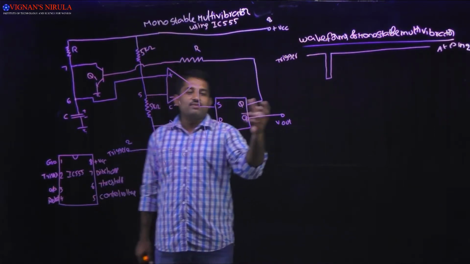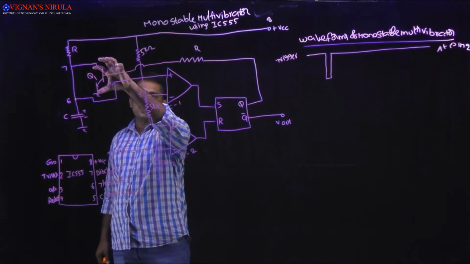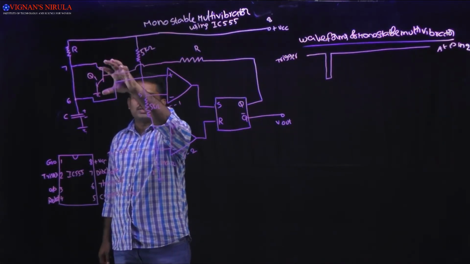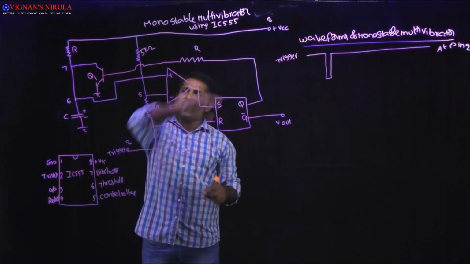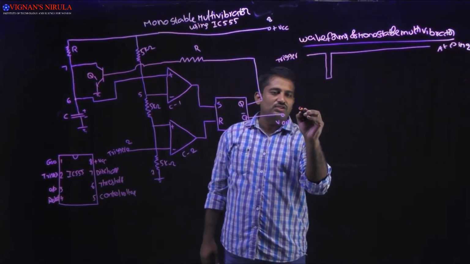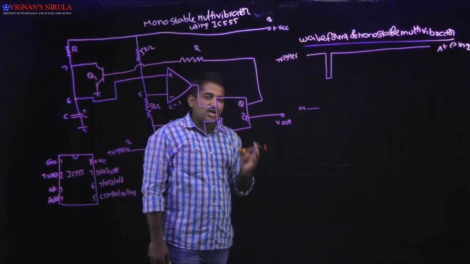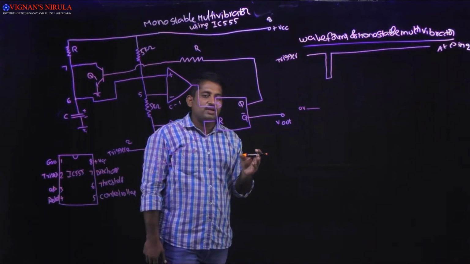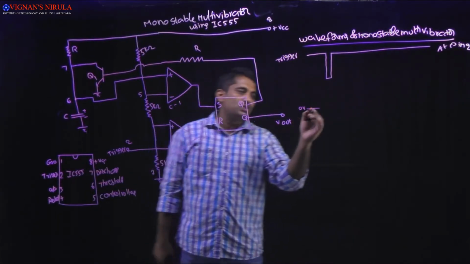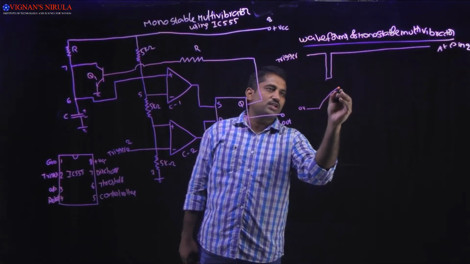Now what happens? If Q is equal to 0, then the discharge transistor, the Q1 transistor, will be cut off and the capacitor starts charging. The charging of the capacitor is always exponential, so the capacitor will be charging exponentially.